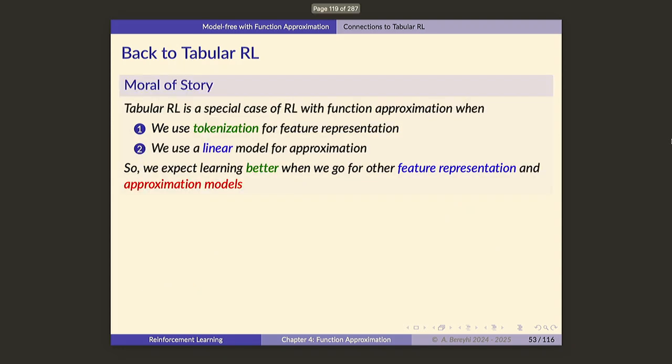But obviously tabular is not working because the linear model is not high capacity enough to capture all the details of the environment. So the moral of the story is that tabular reinforcement learning is a special case of reinforcement learning with function approximation. And you can do better by considering more complicated models for function approximation.